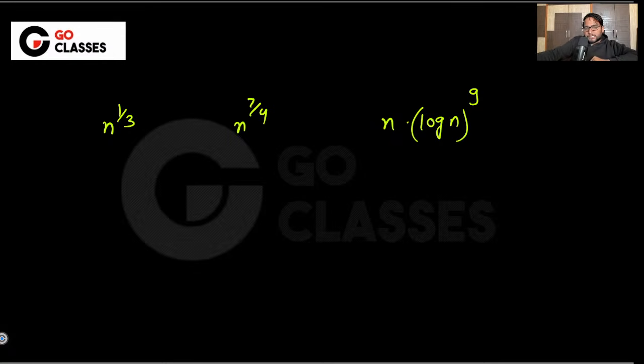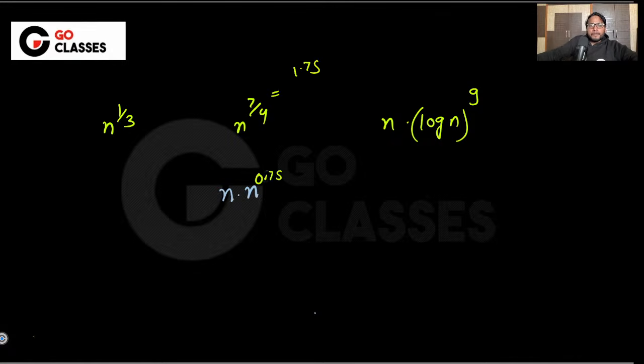This is n times n to the power some epsilon, some positive power, like 0 point something, but basically 1 point something. If I even do this, it is 1.75, so this is 0.75.